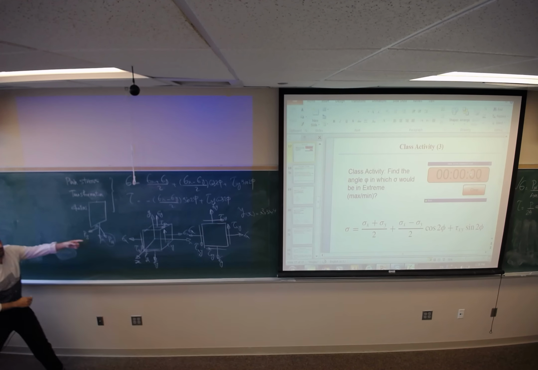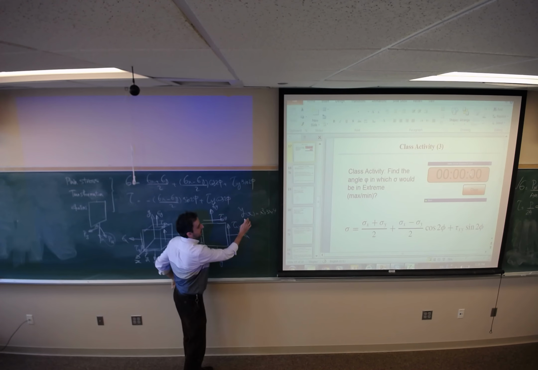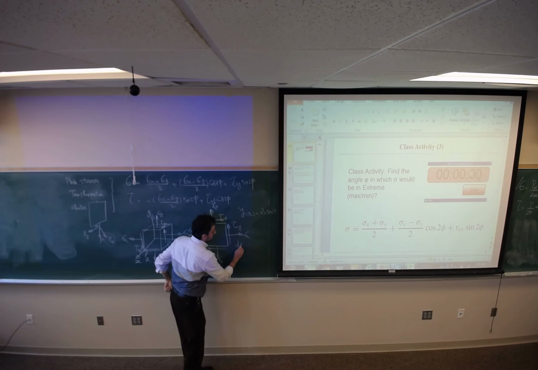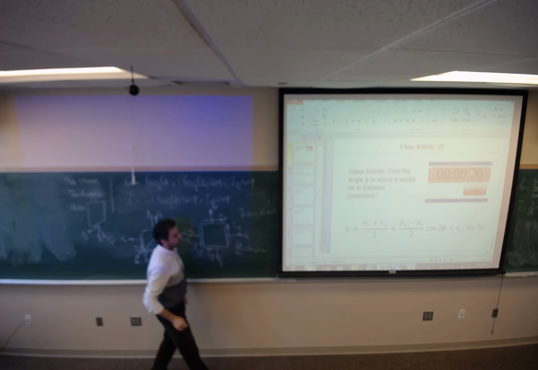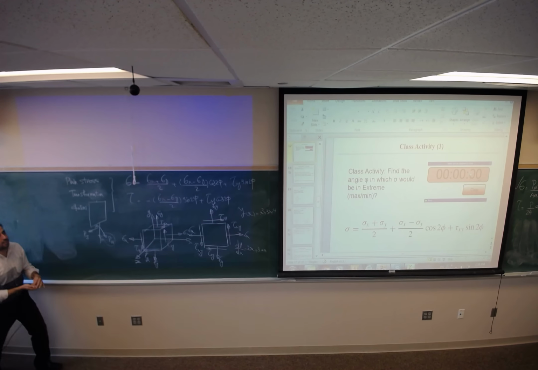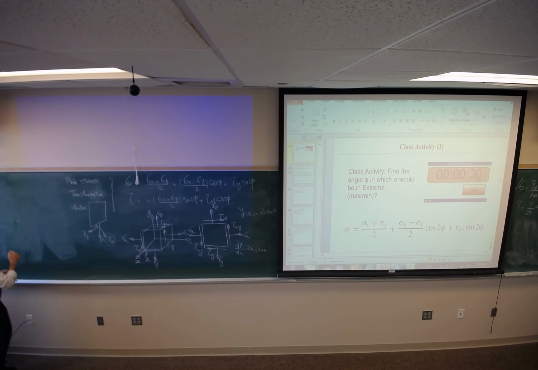If I ask you what the extreme value would be for y as a function of x, you are going to differentiate y with respect to x. It's going to be 2x plus 3, and then set it equal to 0. We are doing the same thing. I'm asking at which value of phi I'm going to get the extreme value for sigma. So d sigma over d phi, set it equal to 0.